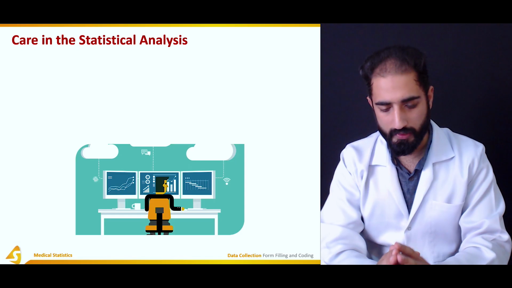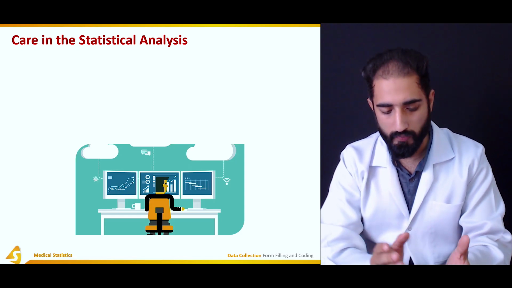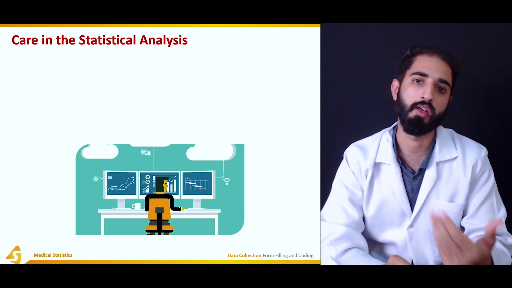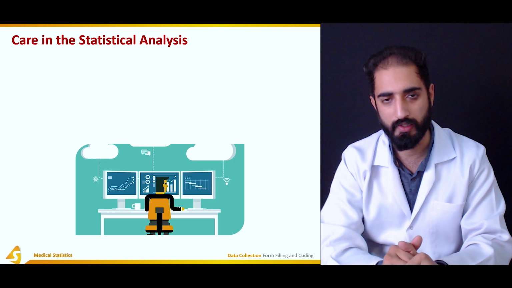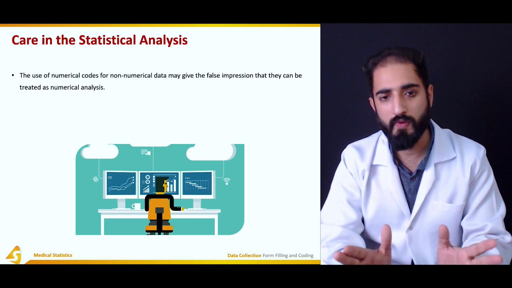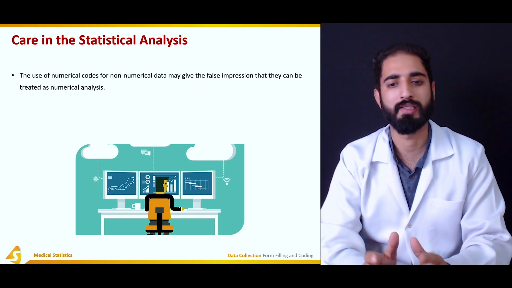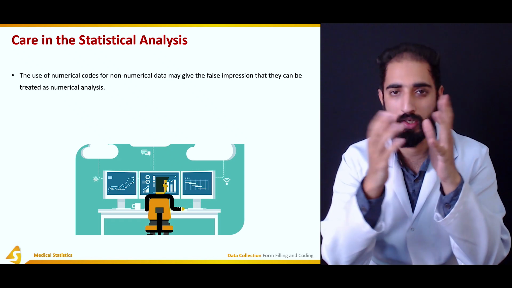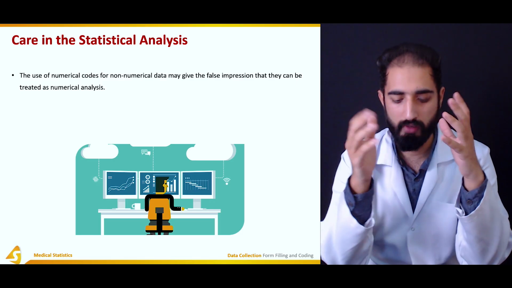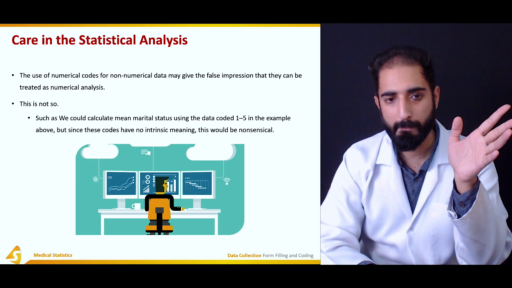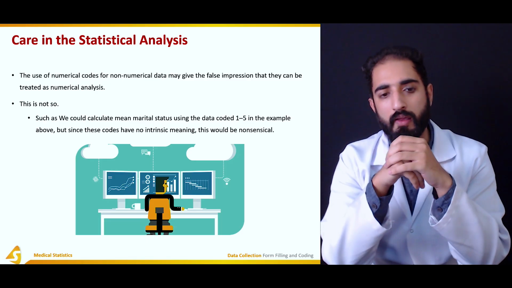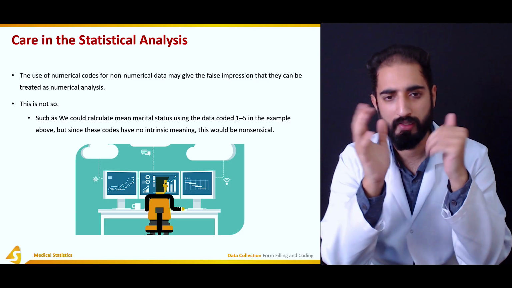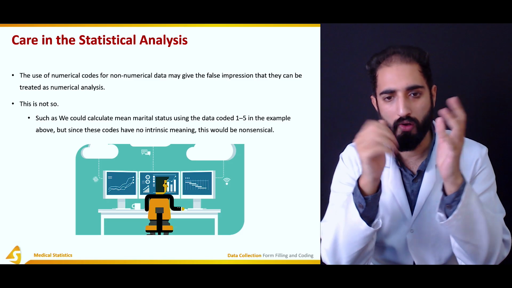One very important thing: we use coding for variables which are either categorical or non-numerical, and we are converting them into categories and numerical codes. The use of numerical codes for non-numerical data gives us a false impression that they can be treated numerically and that we can calculate mean, median, averages, and so on. But that's not the case. We cannot calculate means and averages for these non-numerical data.